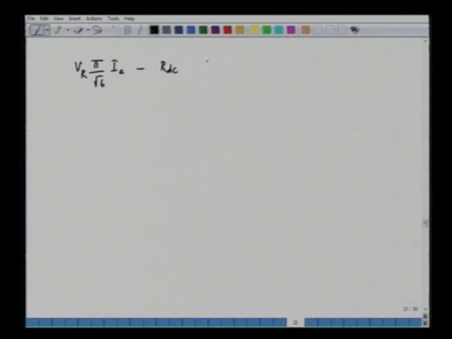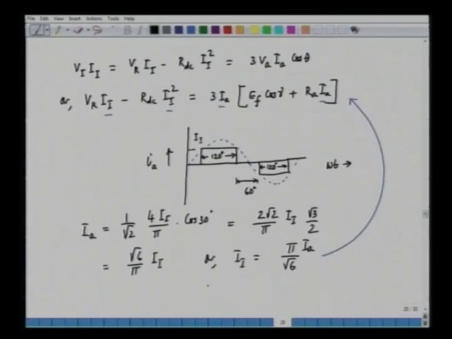So, II is pi by root 6 into IA, and we have here pi square by 6 into IA square. That is equal to 3 IA, here we do not have to replace, EF into cos gamma plus IA into the resistance, RA.